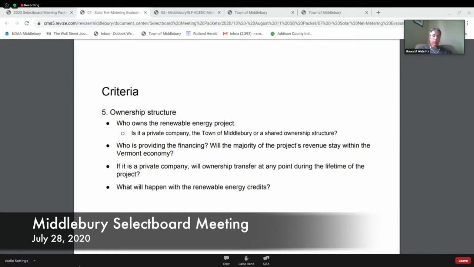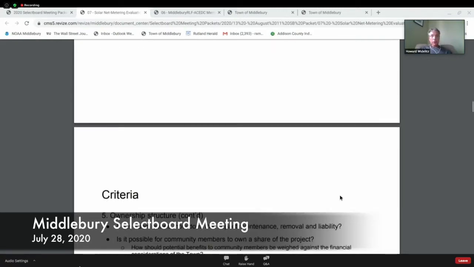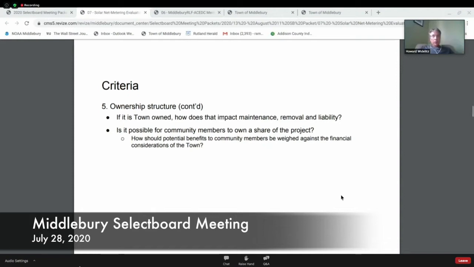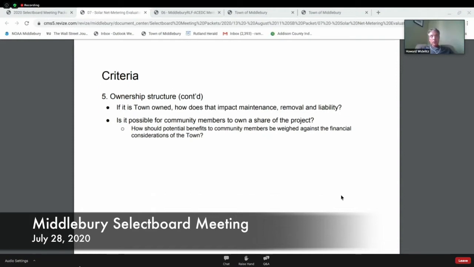So if you go to the next slide. So, efficiency of the investment. There are several things here. One is what's the benefit from a carbon reduction point of view, financial benefits.